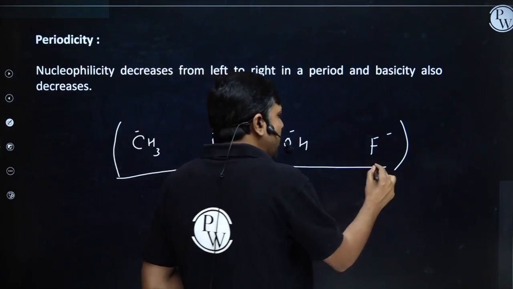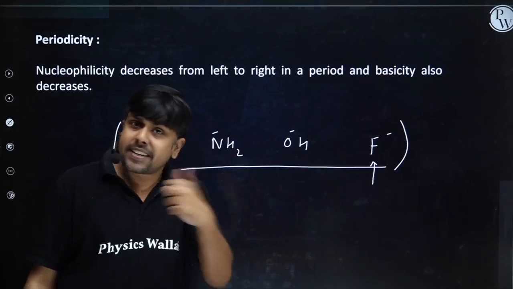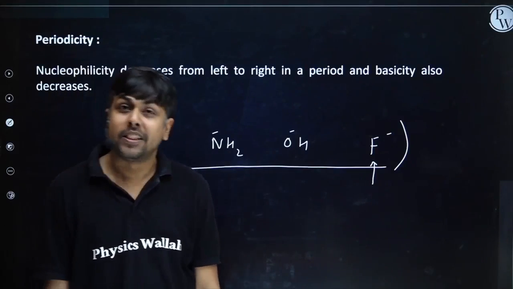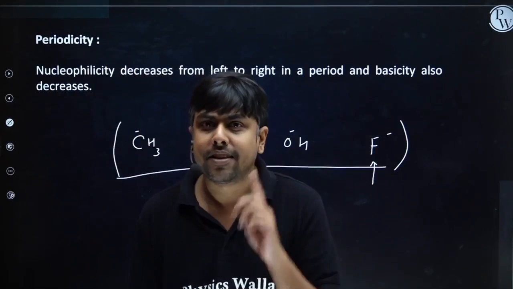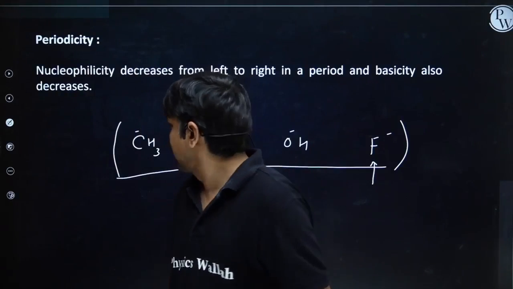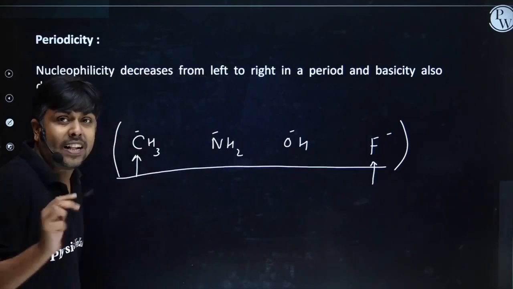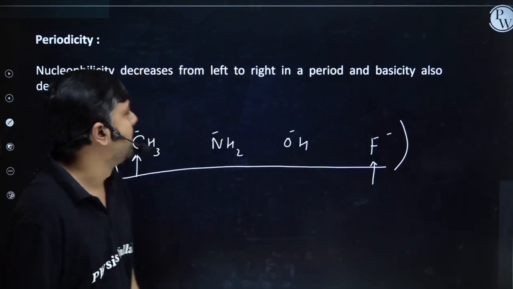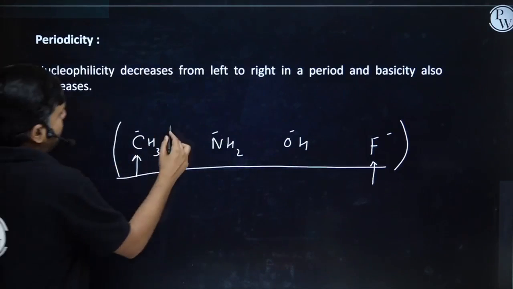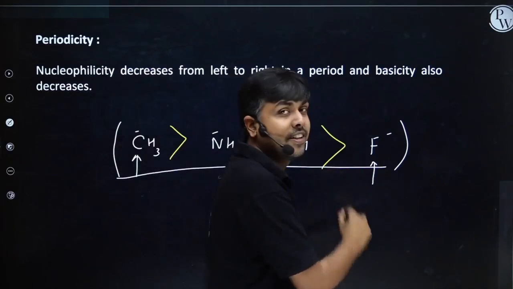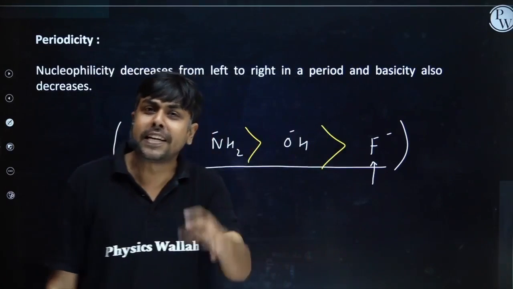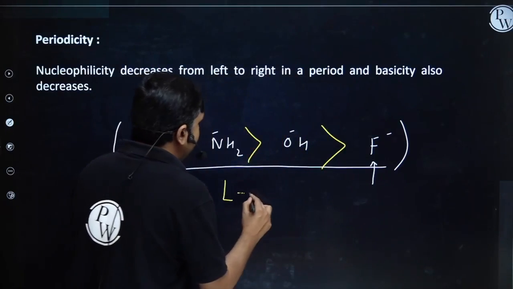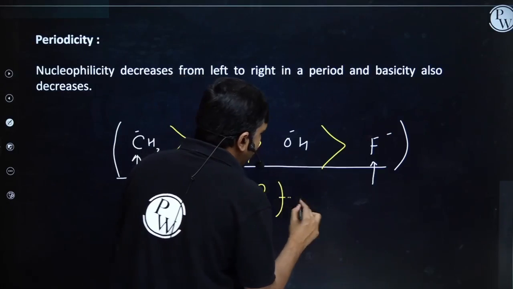F minus, being more electronegative, will have a lesser tendency to donate. Lesser is the donation ability, lesser will be the nucleophilicity as well as the basic strength. C, being less electronegative, will have more donation ability. More is the donation ability, better will be the nucleophilicity and the basic strength. So both nucleophilicity as well as basic strength decrease as we move from left to right across a period.